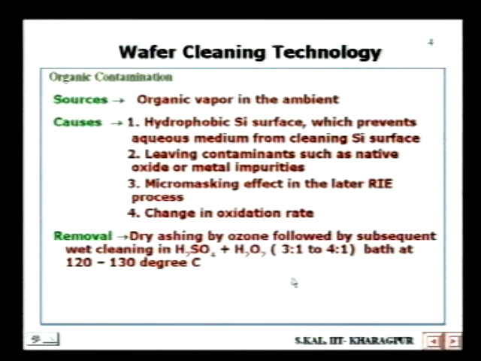They can be removed by dry ashing by ozone, followed by subsequent wet cleaning in H2SO4 and H2O2 in 3:1 to 4:1 ratio at 120 to 130 degrees centigrade. When you prepare the H2SO4 and H2O2 mixture in the ratio of 3:1 to 4:1, a lot of nascent hydrogen will evolve and react on the surface, and all organic contaminations will be cleaned.